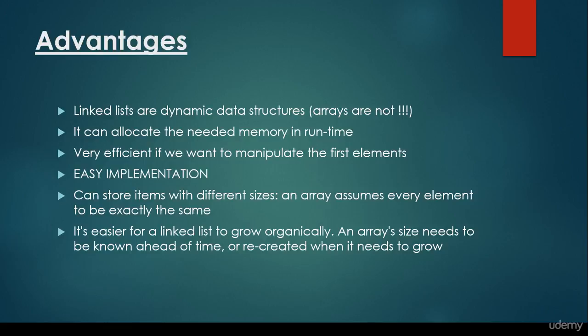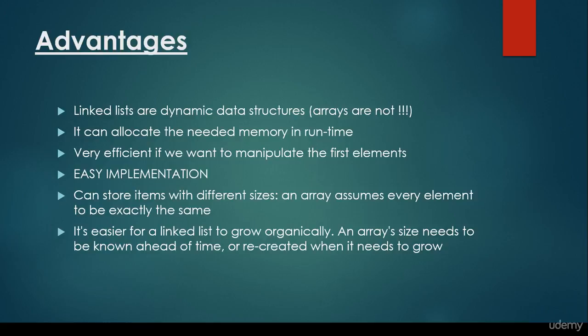Linked lists can store items with different sizes. It's very important. An array assumes every element to be exactly the same. So that's why I say, although I don't want to repeat myself over and over again, that linked lists are much more dynamic data structures than arrays. And it is easier for a linked list to grow organically.